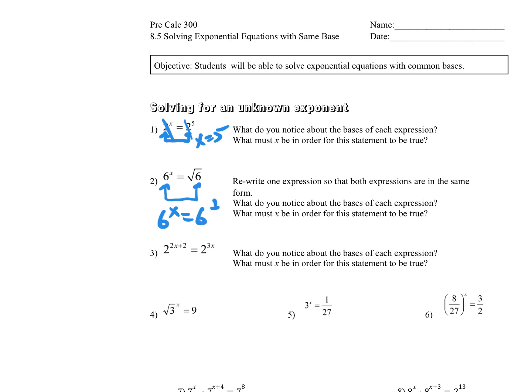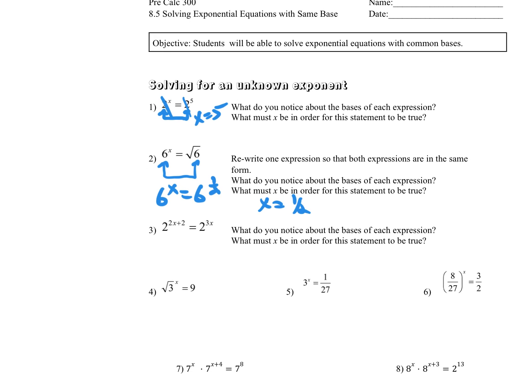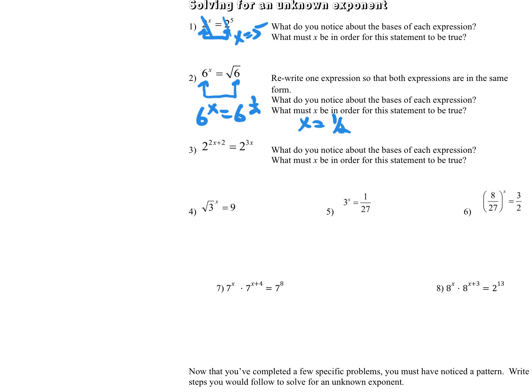The square root is the 1/2 power, and so x would be equal to 1/2. So, pretty easy. And then the third example, you already have the same base, so you just cross them off and you set those two exponents equal to each other, and you get x equals 2. So those are really simple examples.